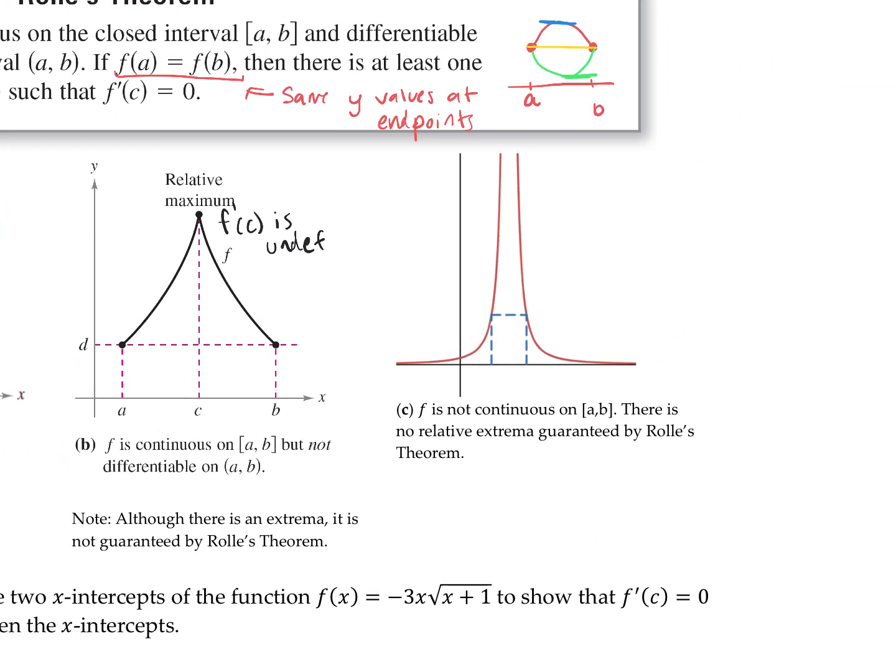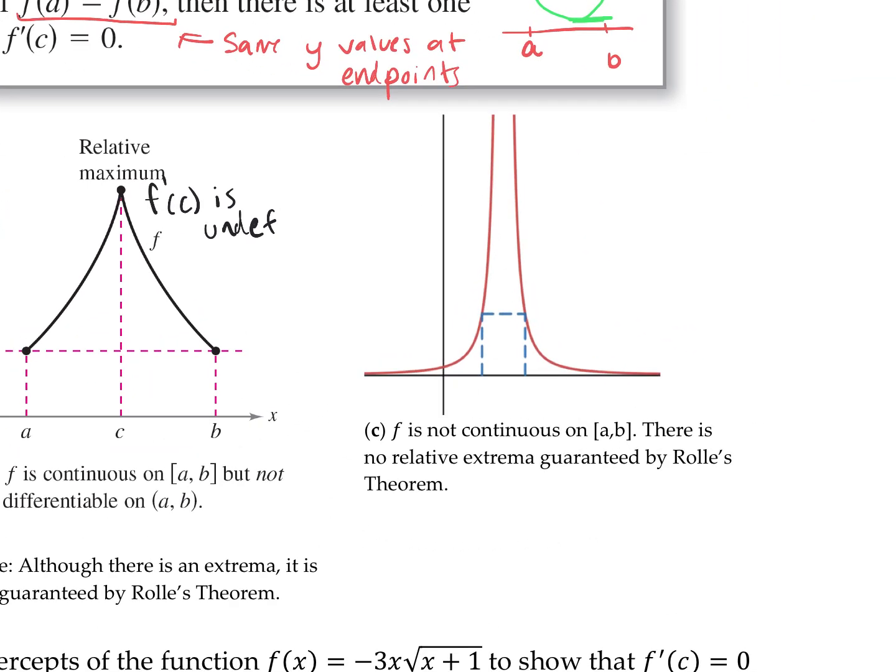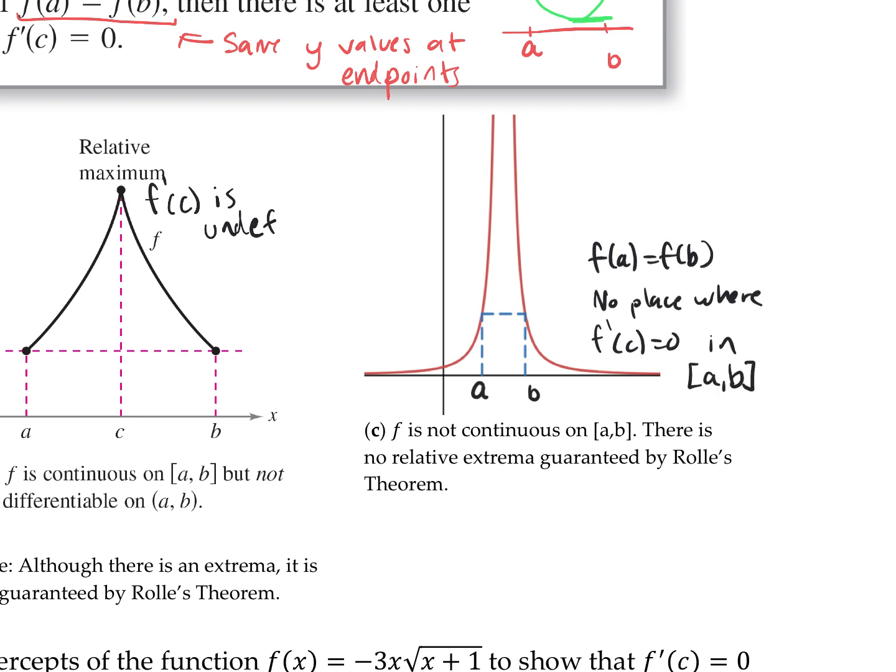Now if you take away the continuity, then Rolle's theorem doesn't work at all. Here we have a function. Let's say that this is a and this is b, and we have f of a equaling f of b, but there is no place where f prime of c equals 0 in the interval a to b, and that's because the function's not continuous.